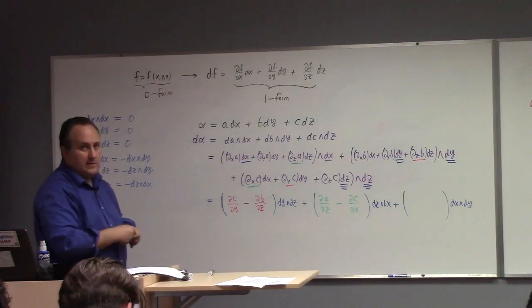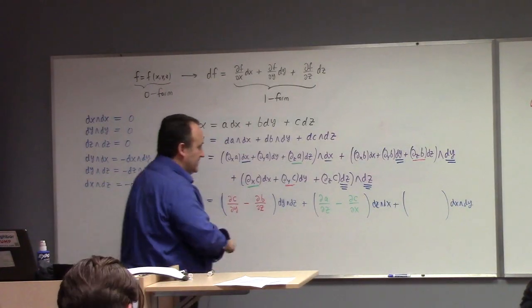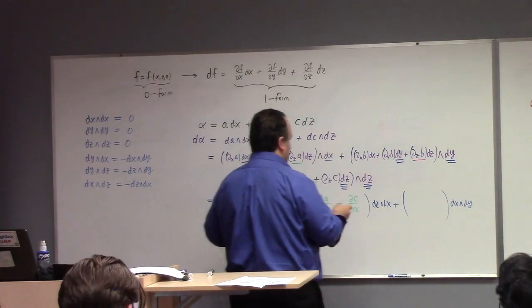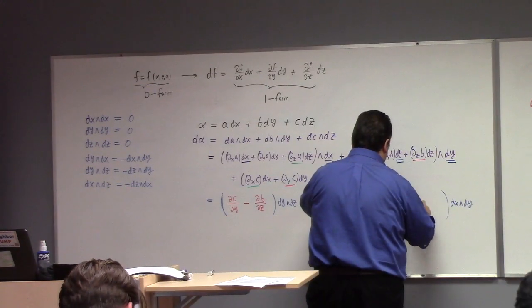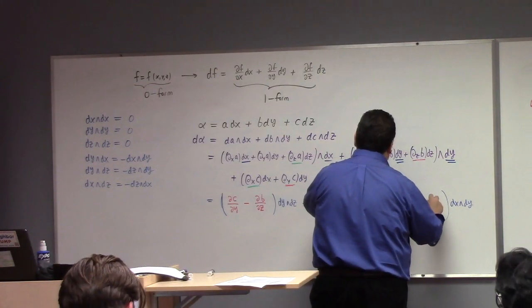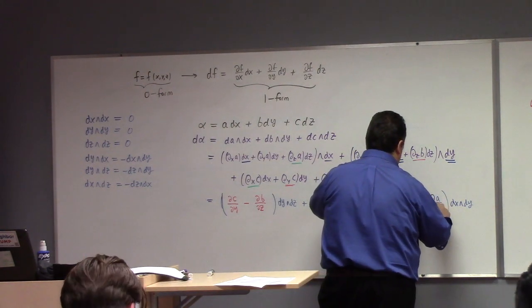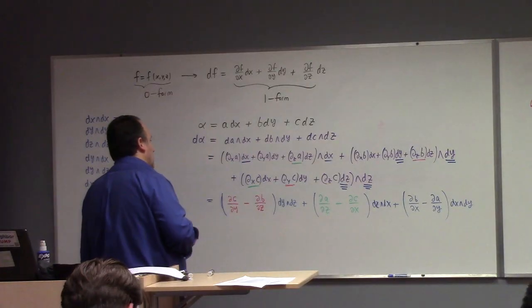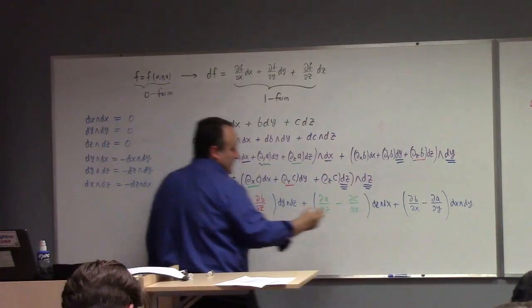All right. And last but not least, we have partial b partial x minus partial a partial y, I believe. Yeah, see this one over here? That gives me this one.